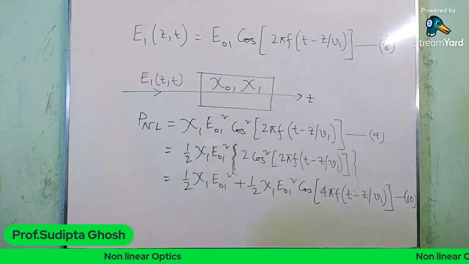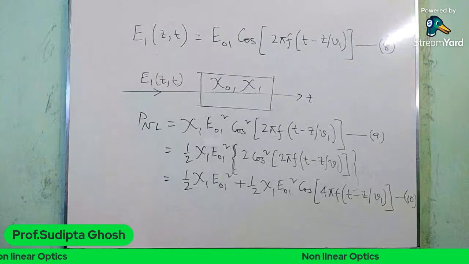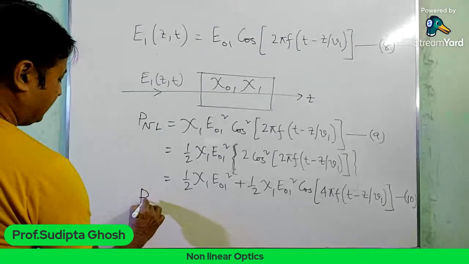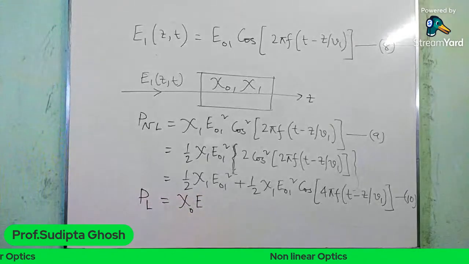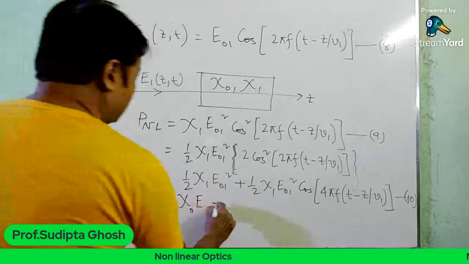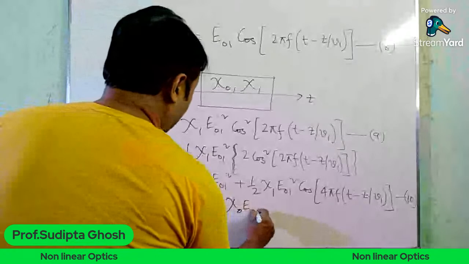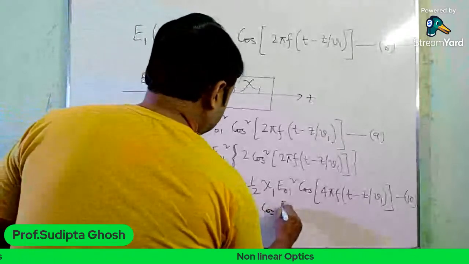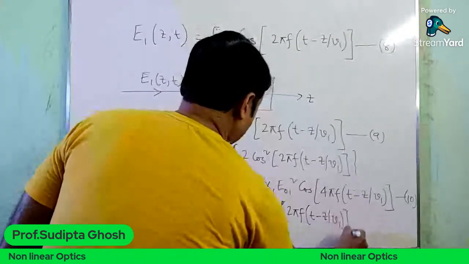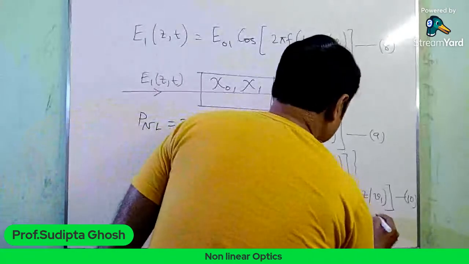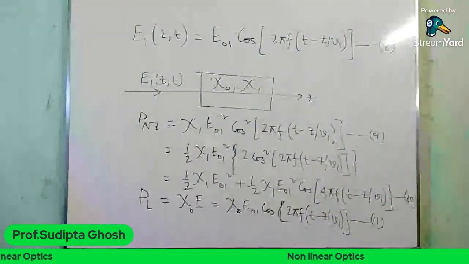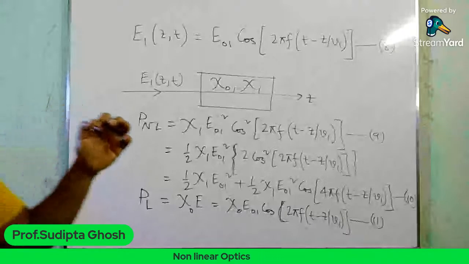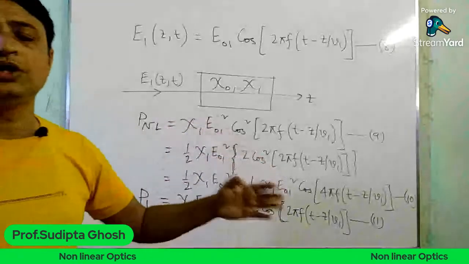We are going to find out the linear effect also, and that was PL, the linear part, and it was chi 0 E. Just put the value of E here and it will be chi 0 E01 cos of 2 pi f into t minus z by v1. So this is the linear term.